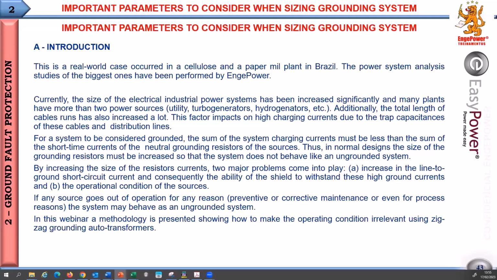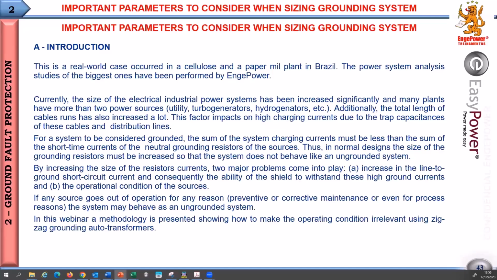The parameters to take into account are the size of the resistor, short time amps, rated continuous current of the resistor, system charging current, number of sources in operation, and diversity of operation, because you have turbo generators and you have utility.